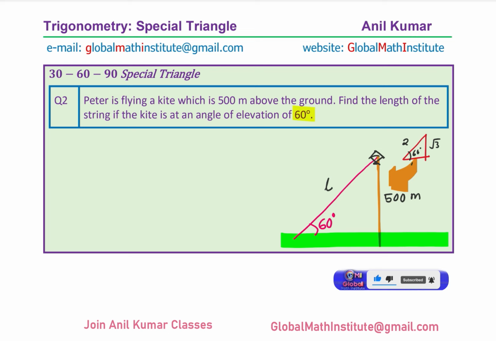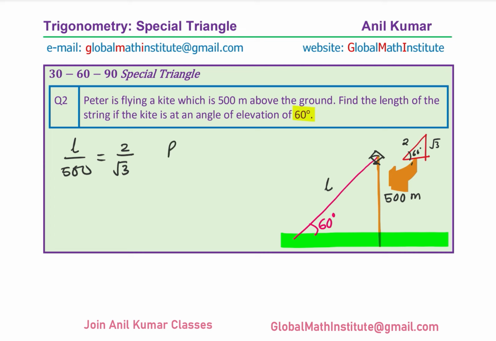So I have to basically divide square root 3 by 2, right? And then multiply, right? So you could actually get it very clearly from here. So you could say that L over 500 is equal to 2 over square root 3. Simple ratio. Do you see from ratio concept?